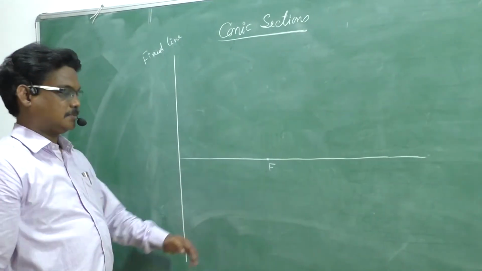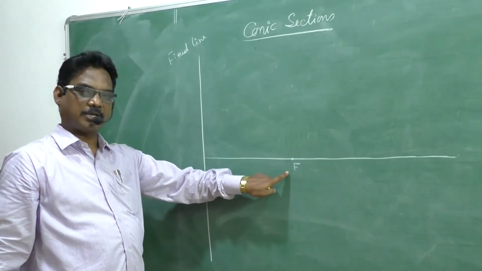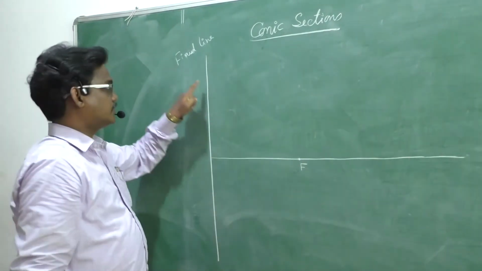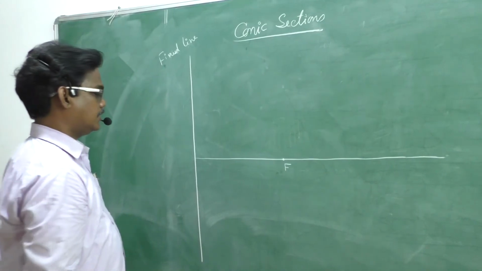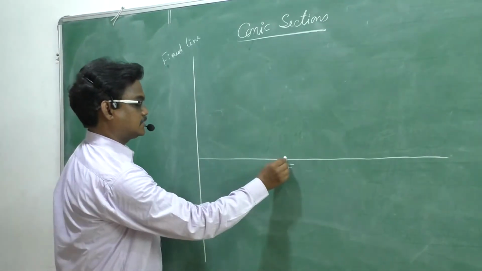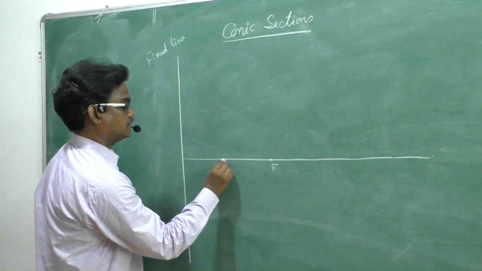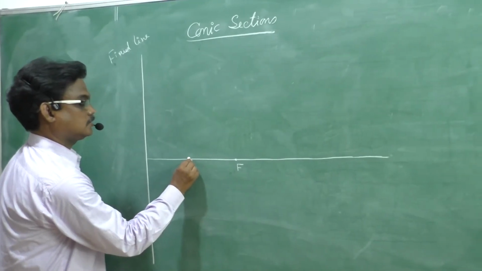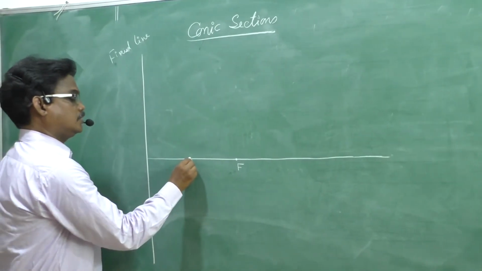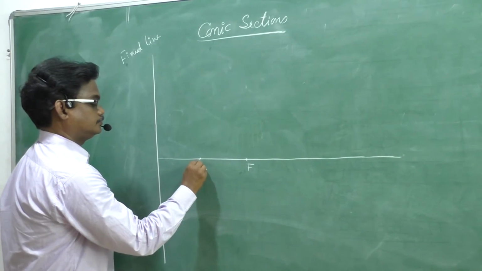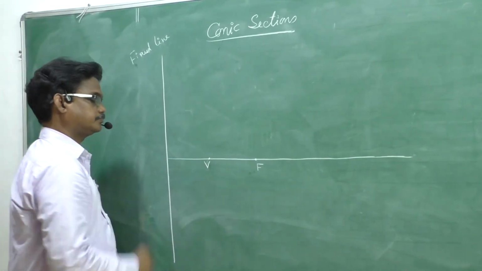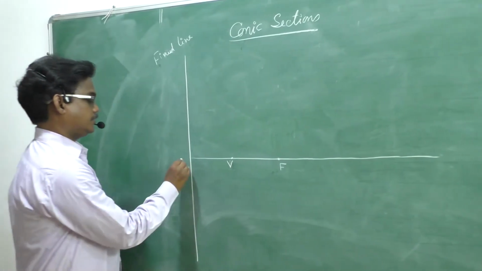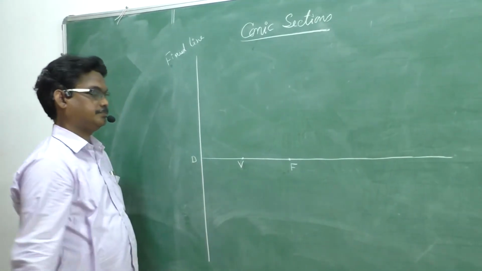In mathematics, this fixed point we can call the focus. The fixed line we can call the directrix. Now I want to consider the midpoint of this. This midpoint I can call V, and here this is D.